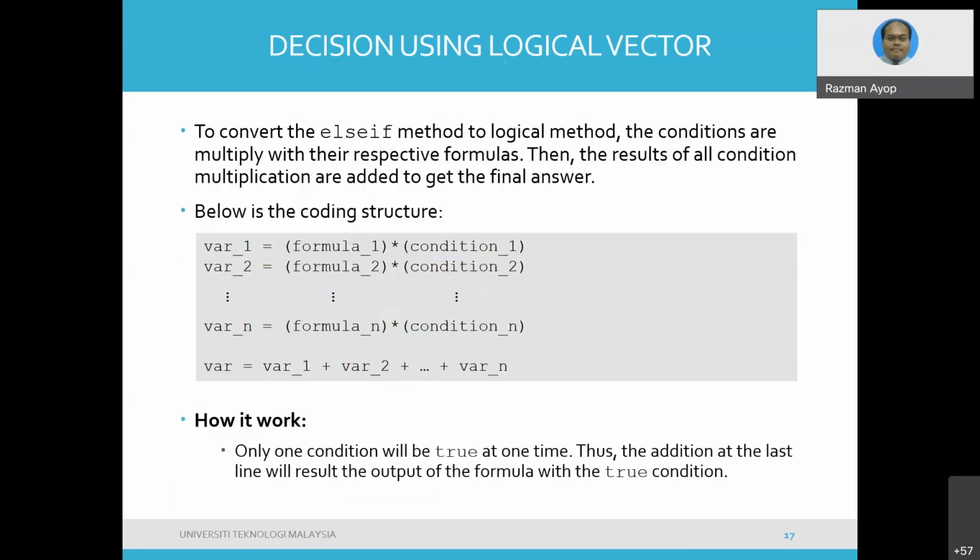So basically, if your question asks you to do a decision using logical vector, you have to do something like this. The formula, just multiply with the logic. That's it. And then you add everything up. You have multiple answers, you just add them up. So that is basically what you do if you want to use logical vector.